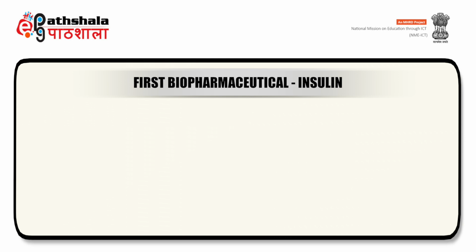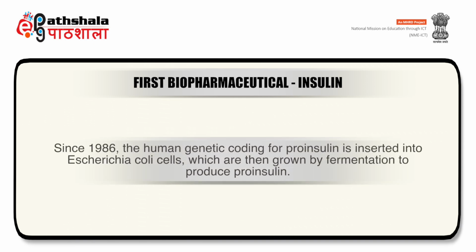The first biopharmaceutical in this category was human insulin that was first developed by Genentech and marketed with the name of Humulin by the company Eli Lilly. Since 1986, the human genetic coding for proinsulin is inserted into E. coli cells, which are then grown by fermentation to produce proinsulin.